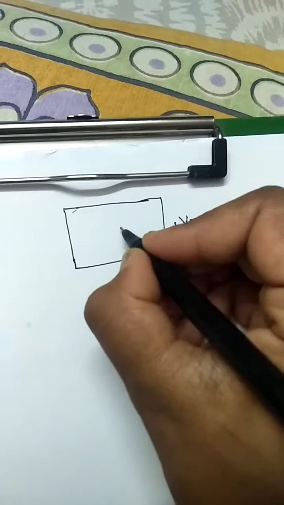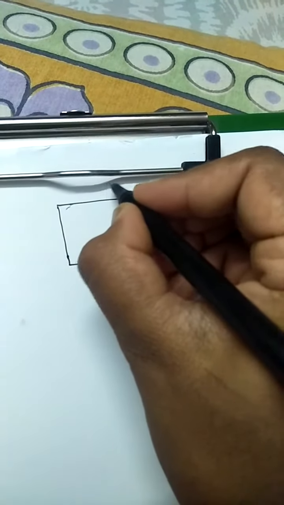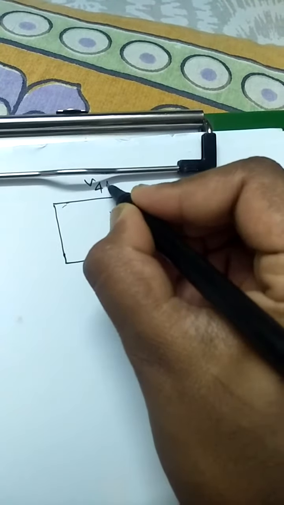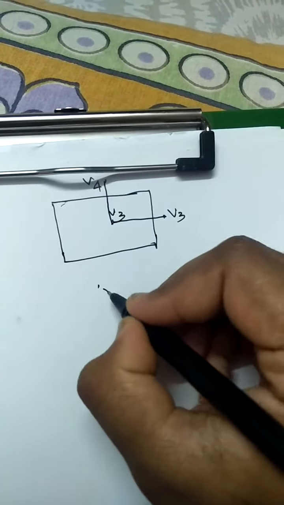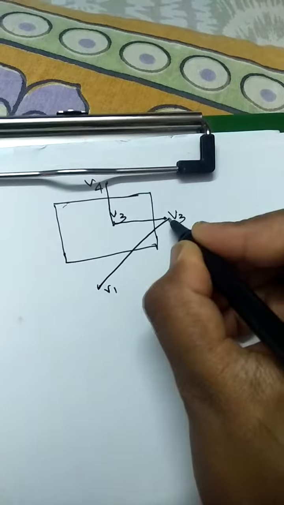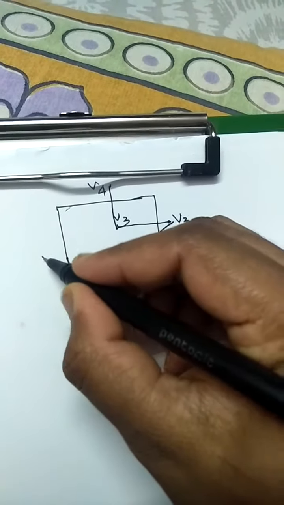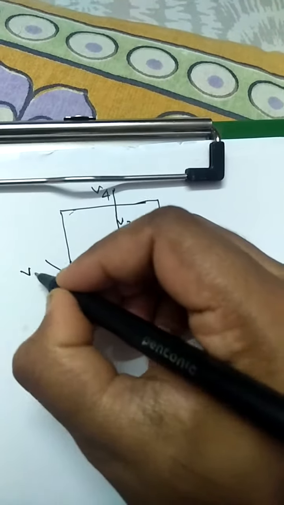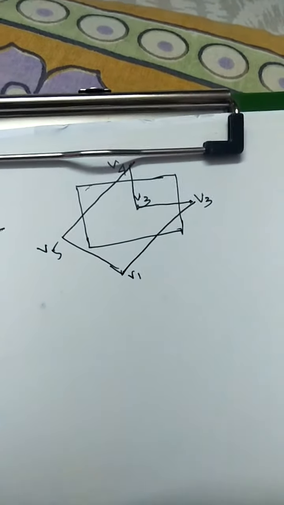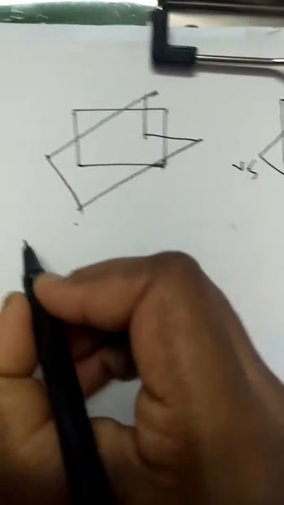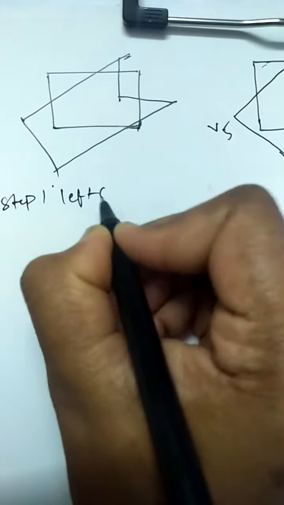V2, V3, V4, V1. Consider this example. Okay, so let's begin with step 1, that is the left clip.